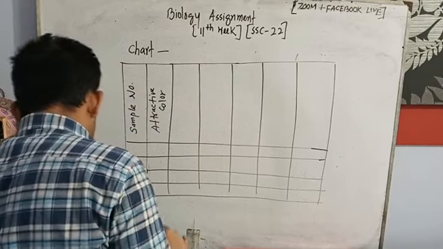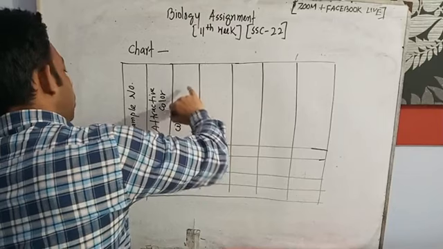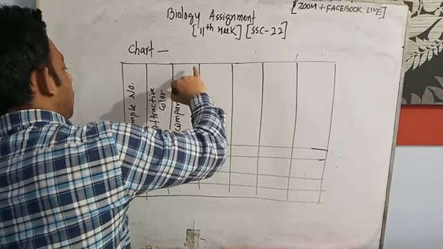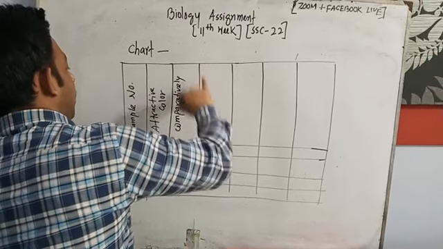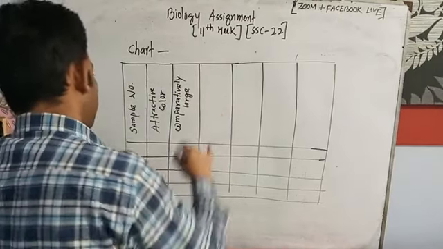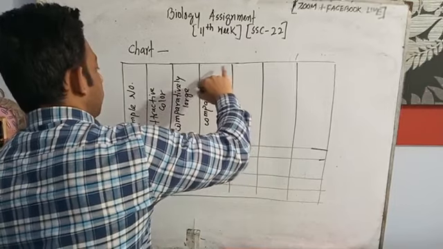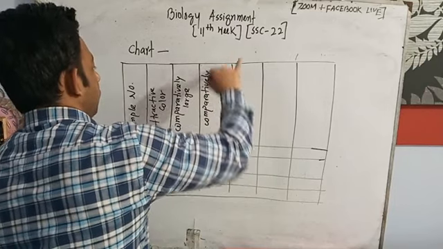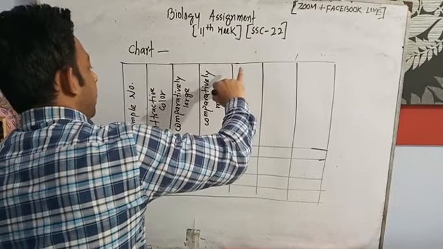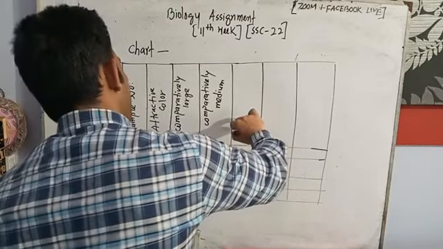Then comparatively large, comparatively medium, and in the next box comparatively small.